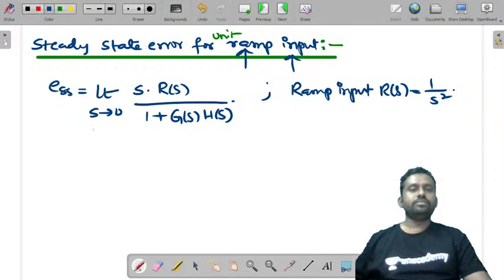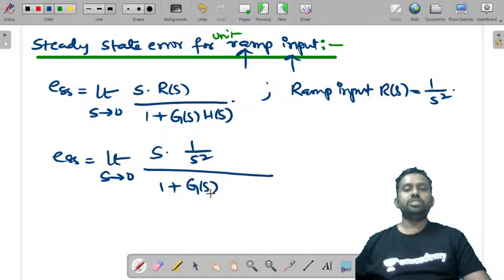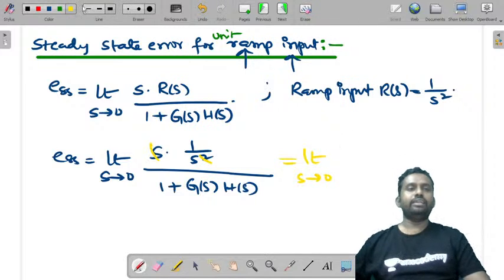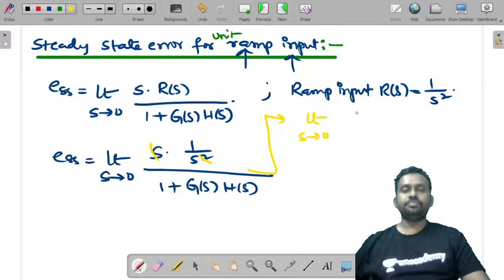Now if you substitute it, what is ess? ess is equal to limit s tends to 0, s into 1 by s square by 1 plus g of s into h of s. You can cancel out the s here, and limit s tends to 0, 1 by s plus s into g of s into h of s.